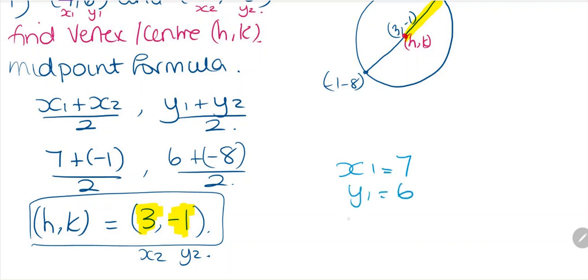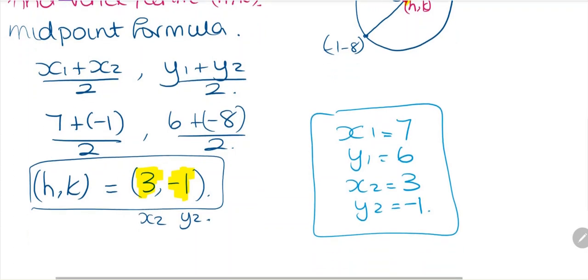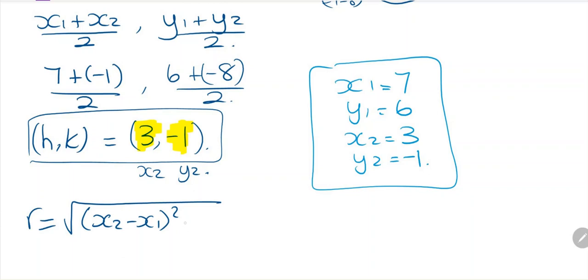Our x2 is 3 and our y2 value is minus 1. We're going to substitute this into the distance formula to find the radius. So the radius will be the root of x2 minus x1 squared plus y2 minus y1 squared.